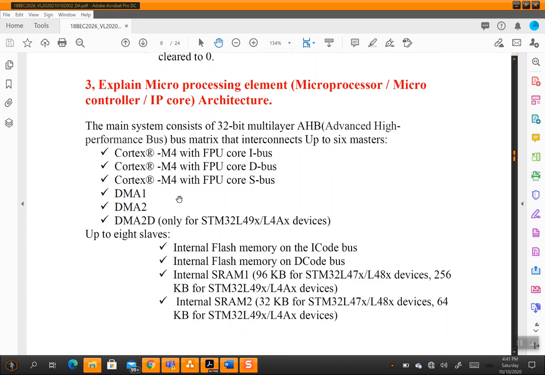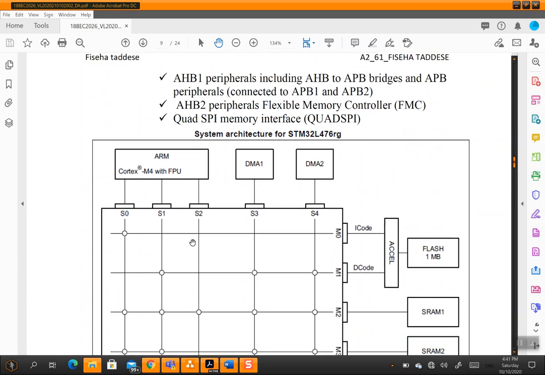There are up to 8 slaves, which are internal flash memory on the I-code bus, internal flash memory on the D-code bus, and internal SRAM of 96 KB for the STM32L47x and L48x series. My controller belongs to the STM32L47x or L48x series. So in general, the architecture contains up to 6 masters and up to 8 slaves.